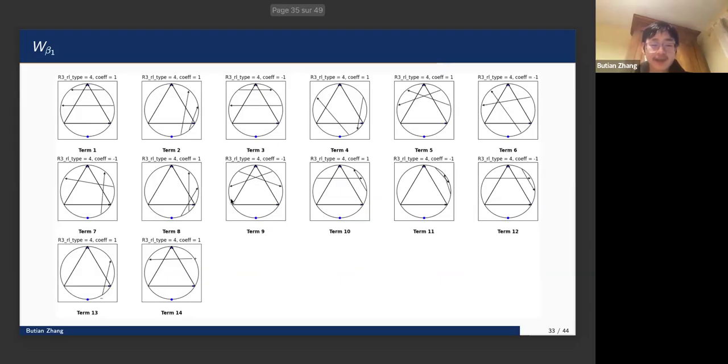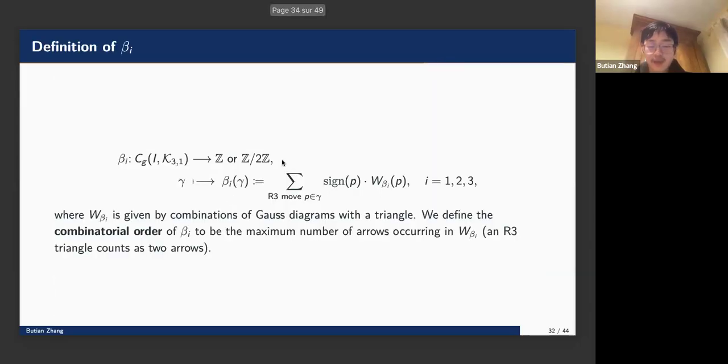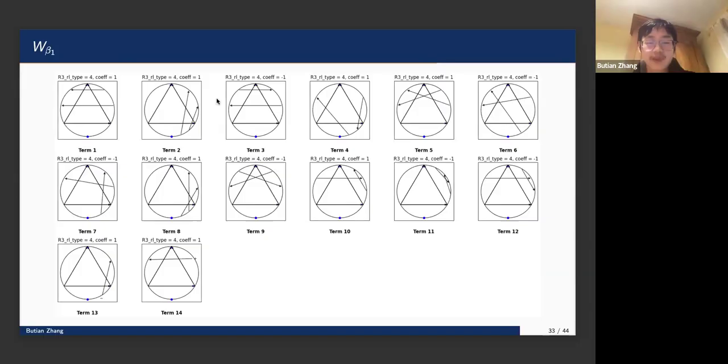As you can see, our configuration for the weight functions has at most two arrows which are not in the triangle. And this forms the notion of the combinatorial order. The combinatorial order is the maximal number of arrows outside the triangle plus 2.